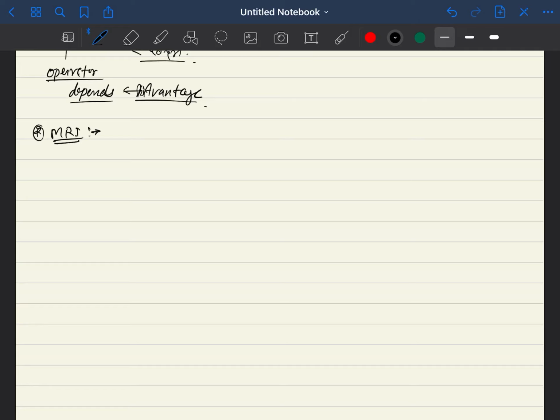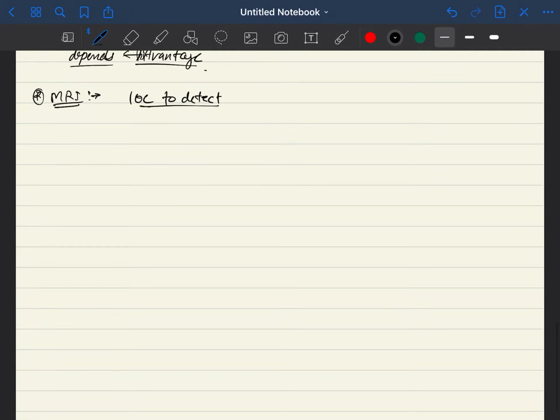Okay, MRI is the investigation of choice to detect, as I already told you, right? This is the best imaging to identify the local recurrence after surgery.